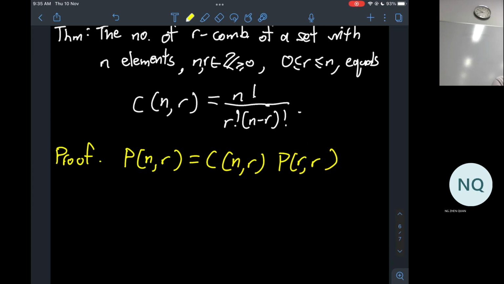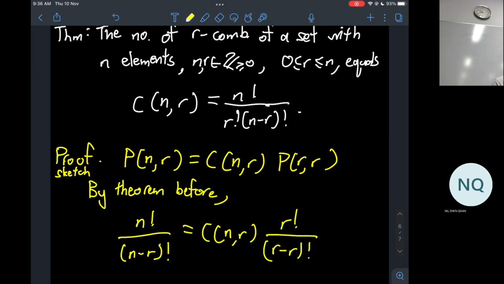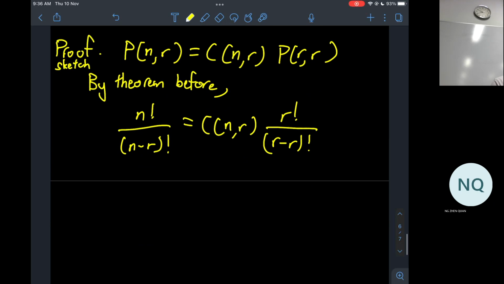So by the theorem, P(n,r) is n factorial over (n minus r) factorial, C(n,r) is what we want to find, and P(r,r) is r factorial over (r minus r) factorial. What is r minus r factorial? 0 factorial. What is 0 factorial? 0 factorial is 1.